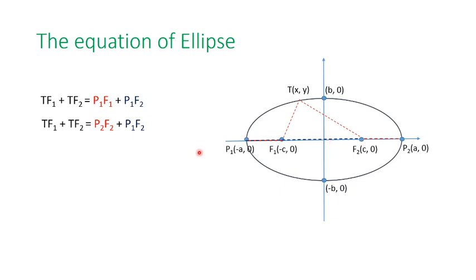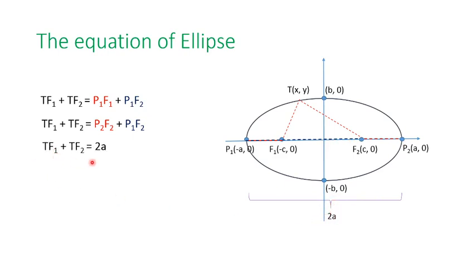So now I will have the distance of the point P1 to F2 added with F2 to P2. That distance will be equal to a minus (minus a) to 0 and then 0 to a, so the total distance will be 2a.